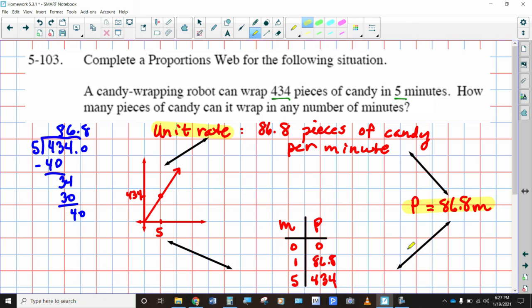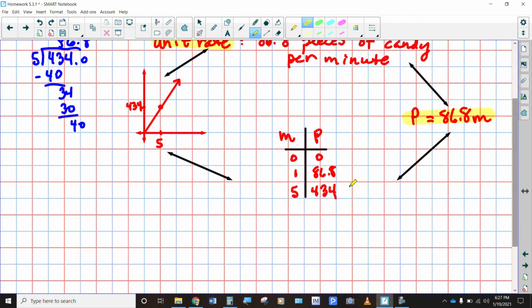All of these situations can be expressed in an equation. You can, of course, set this up as a table where you see the unit rate there in the table. We know it's proportional in nature because if you don't spend any time wrapping candy, no pieces of candy get wrapped. And the problem started off with 434 pieces of candy being wrapped in 5 minutes.